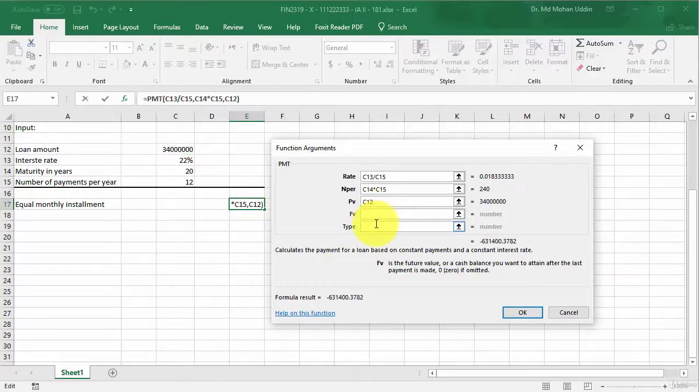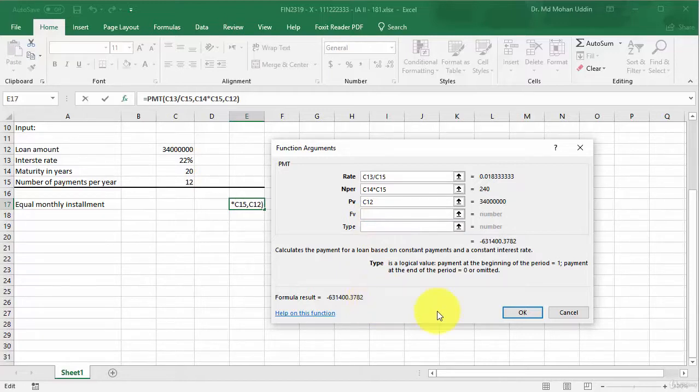Now what about FV and type? FV will be used if, for example, after your 240 payments you still want to have something like $10,000 in the account. In that case FV will be something like 10,000, but this is an unusual case. We don't have to think about that. We can keep it empty.